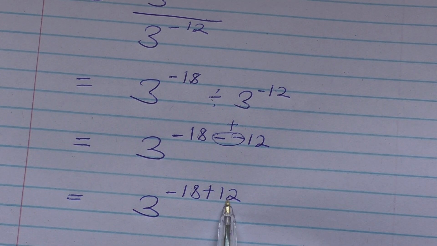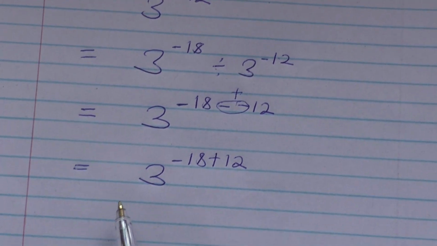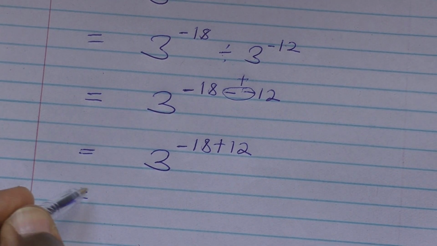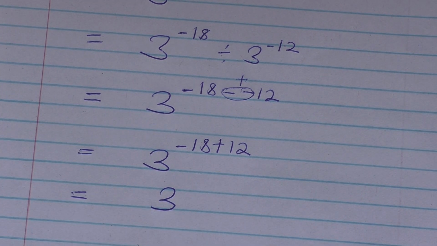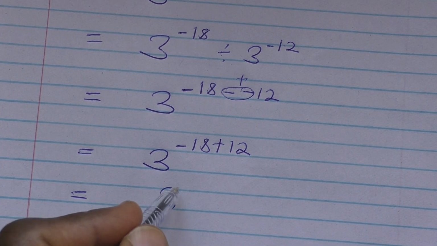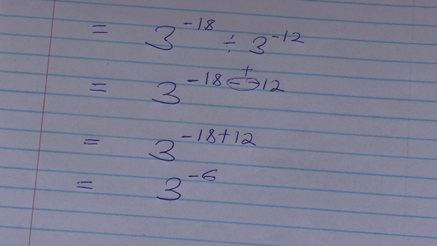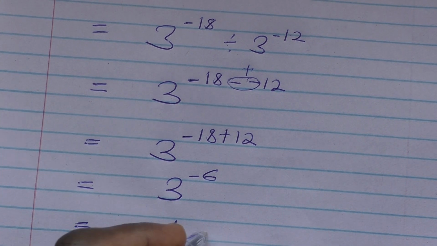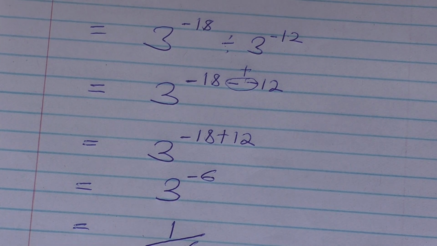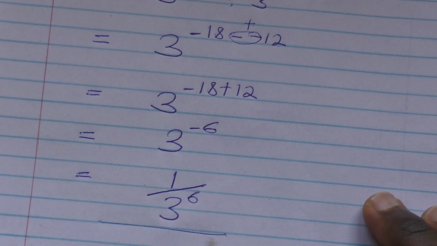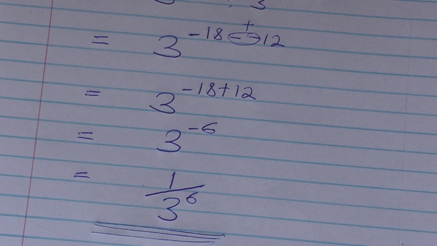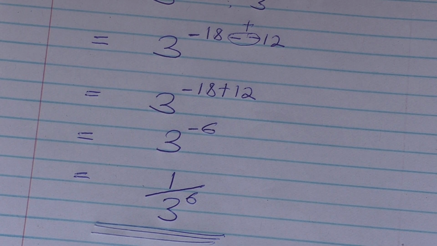Then the positive 12 will reduce the negative 18 to negative 6, hence giving the final answer as 3 power negative 6. We can stop here or we can still continue, because we saw what happens when a number has a negative power. This is the same as 1 over 3 power 6. So that is our final answer. That is how we shall simplify that.